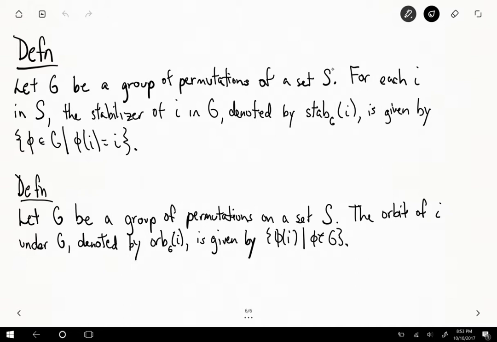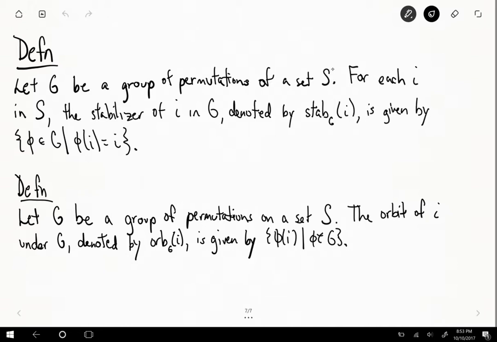And the big one that we like to use over and over again is groups that are generated by certain elements. So let's take a look.